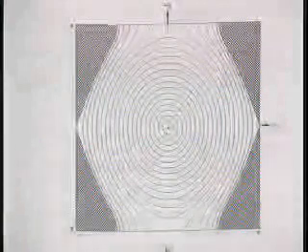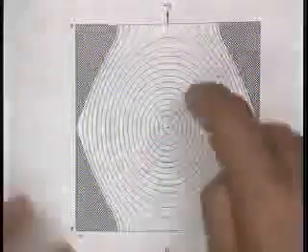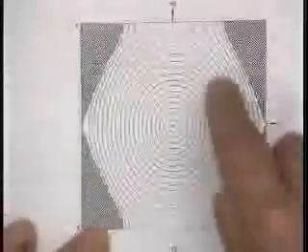These are the isocontours for when the magnitude of T of omega 1, omega 2 is less than 1, and these shaded regions are where the magnitude of T of omega 1 and omega 2 is larger than 1.